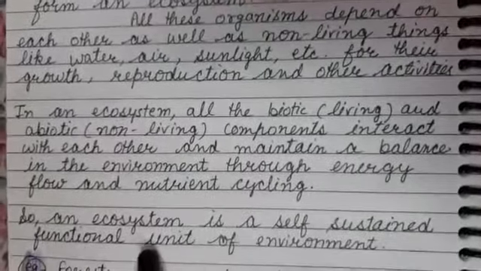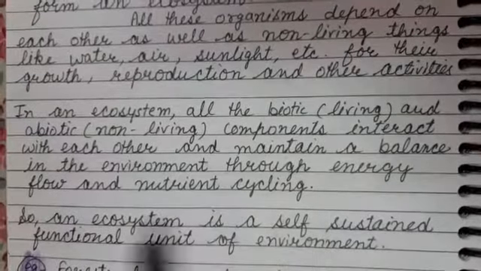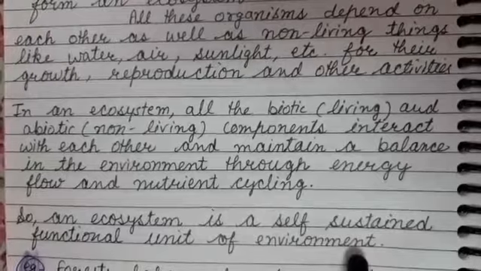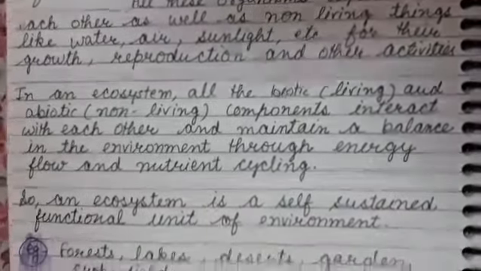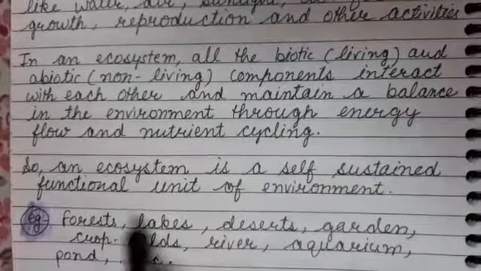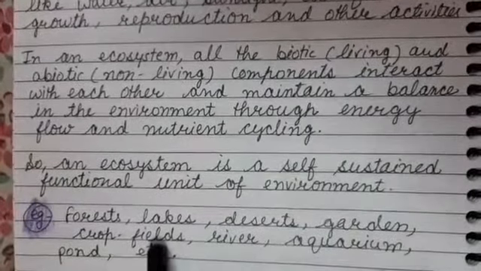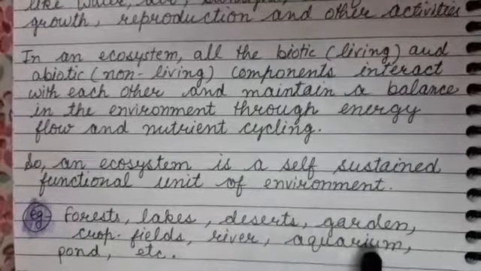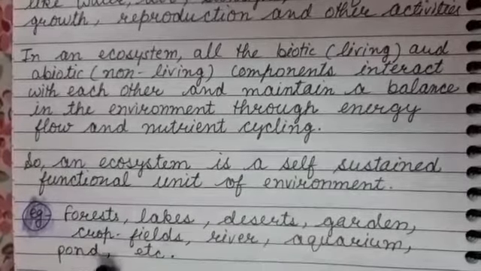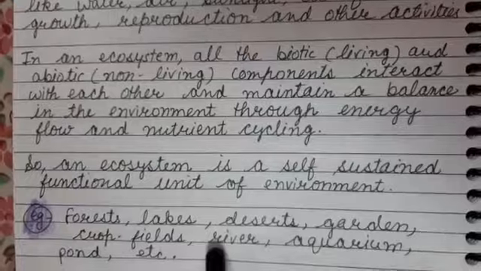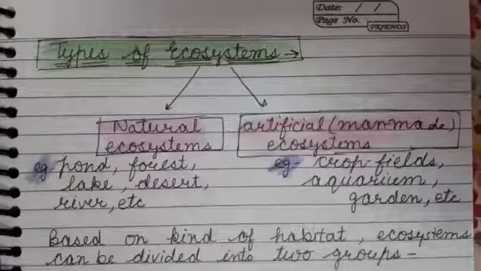So an ecosystem is a self-sustained functional unit of environment. What are the examples of ecosystem? Forests, lakes, deserts, garden, crop fields, river, aquarium, pond and many more. These are all the examples of ecosystem.